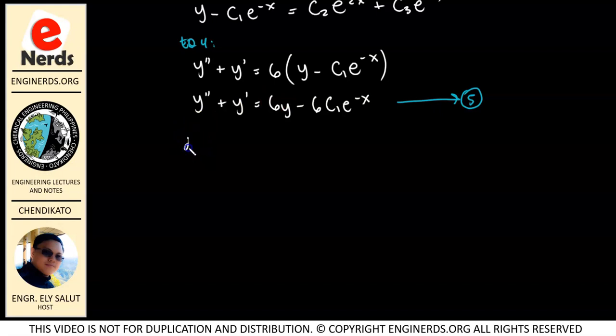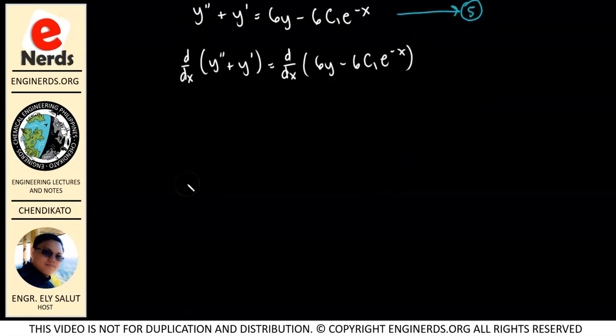Okay, so we're going to take the derivative of y2 prime plus y prime. Okay, and the derivative of 6y minus 6c1 e to the negative x. Okay, so the derivative of y2 prime is y3 prime plus the derivative of y prime is y2 prime. And this is equal to the derivative of 6y.